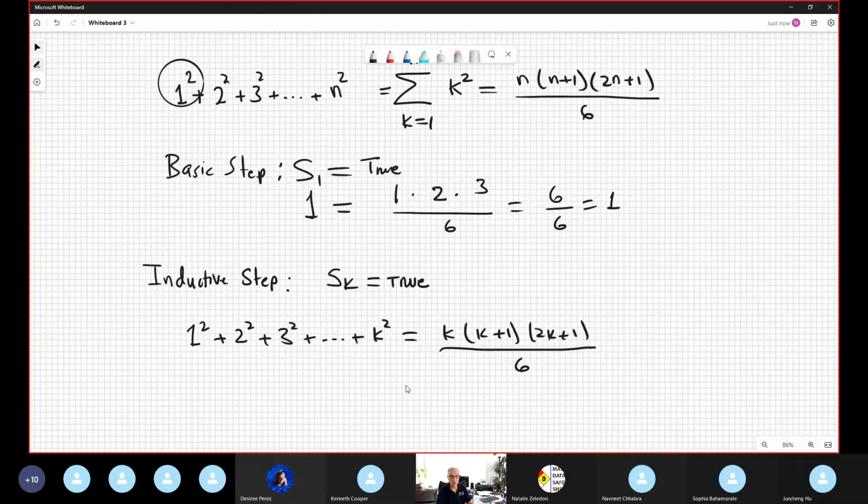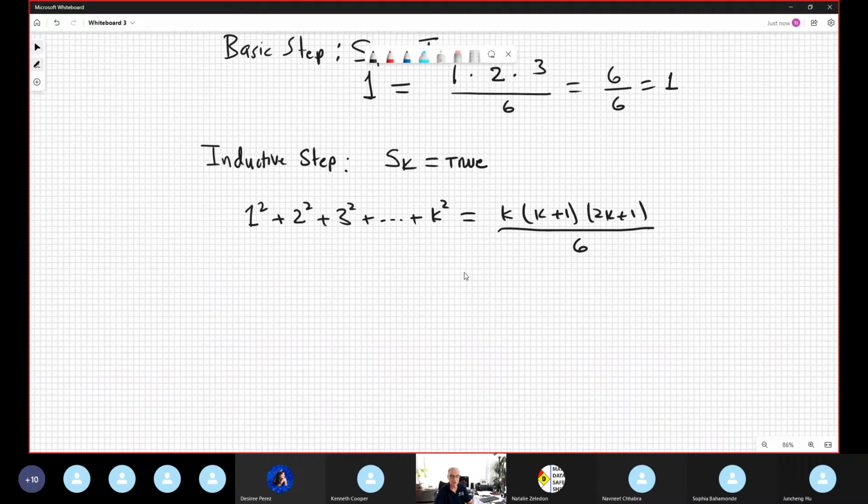Because I want to try to find the expression for the next case, S sub k plus 1. So you bring down everything, no problem, exactly the same. But you include one extra, it's (k + 1) squared. And on the right hand side, you replace k with k + 1. Be careful, algebra. This is k + 1, so it's logical. This is (k + 1) + 1 is k + 2.